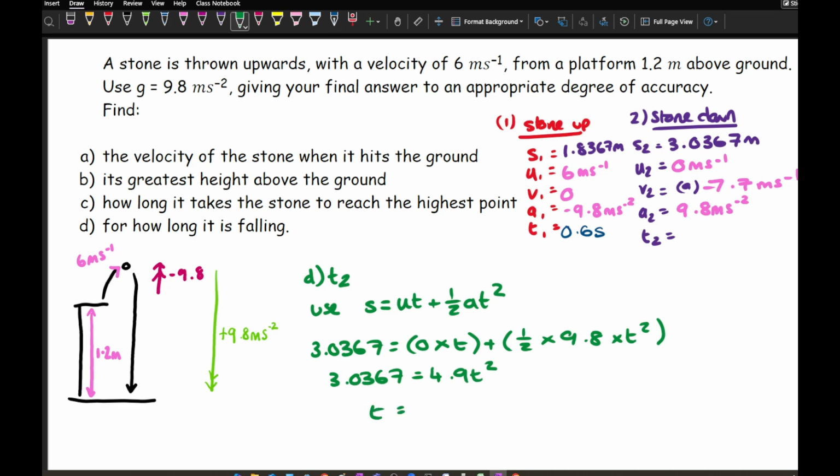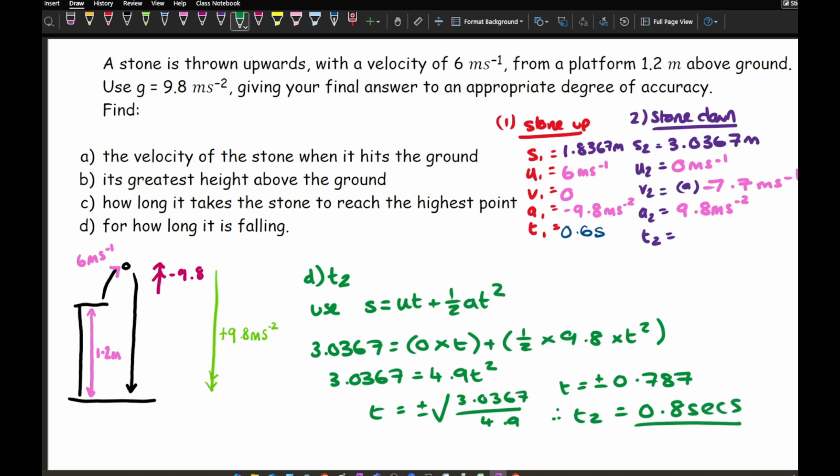So T is going to equal plus or minus the square root of 3.0367 over 4.9, in which I get a T value, and it's going to be a positive answer, which is 0.787. So T2 is going to equal 0.8 seconds. And there is my answer for part D.